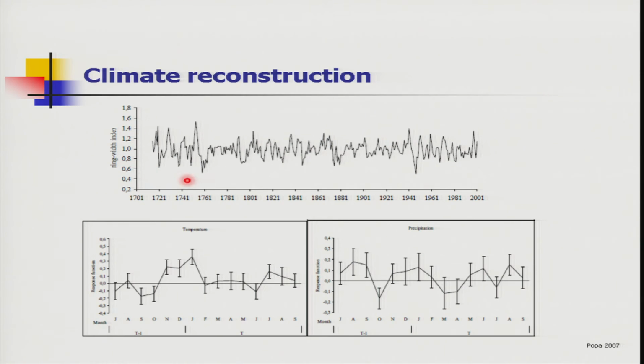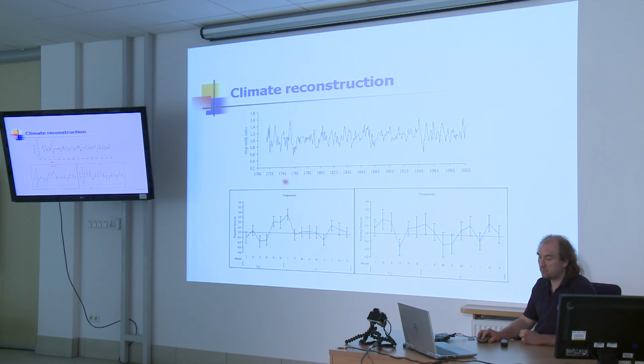So, basing on tree ring measurements here, we've got chronology, spruce chronology from Romania, spanning from the beginning of this millennium and going back kind of 300 years.